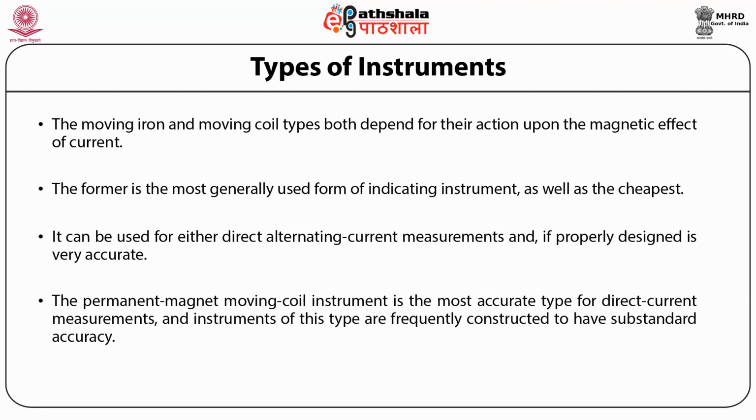The permanent magnet moving coil instrument is the most accurate type for direct current measurements, and instruments of this type are frequently constructed to have substandard accuracy.